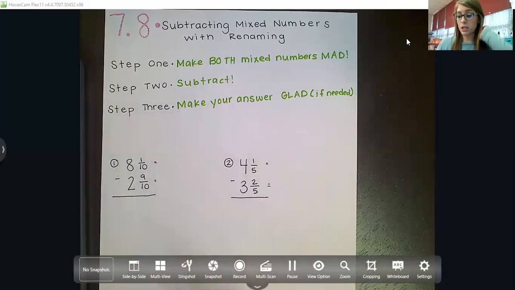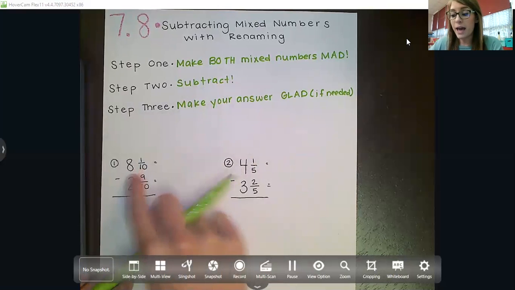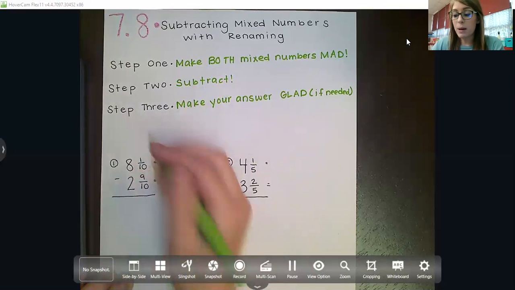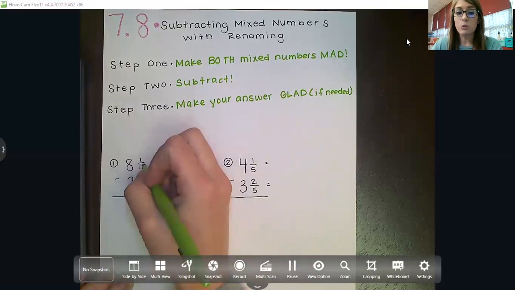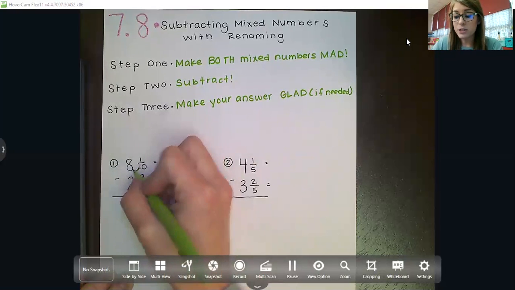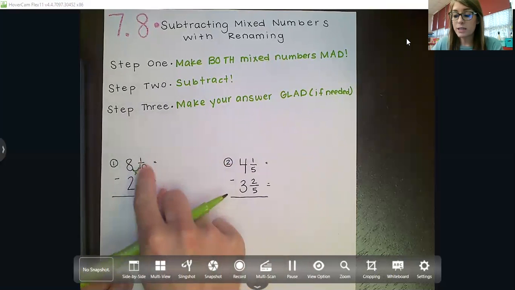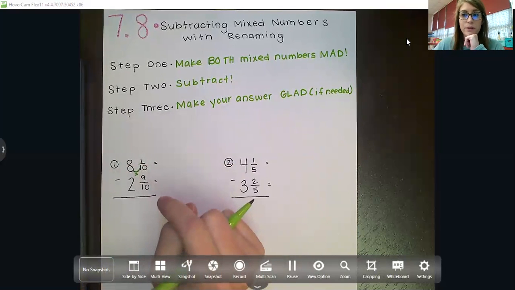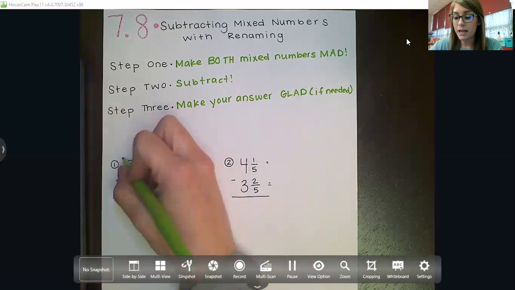So step 1 is we're going to make both of these mixed numbers mad. Let's go over how to do that. We're going to take 8 1/10. First step in making it mad is we multiply the whole number by the denominator. What is 8 times 10? Very good, it is 80.